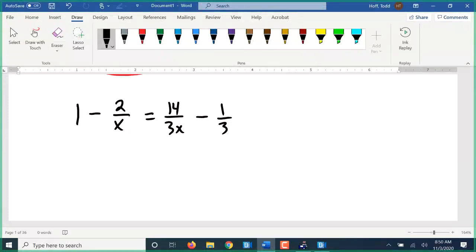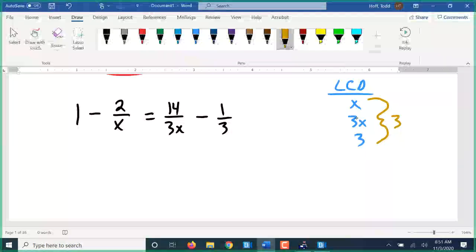So we're trying to find those least common denominators. We have denominators of x, 3x, and 3. For the numbers, we've got 1, 3, and 3. That's just going to be a 3. For the variable, we just take the highest power used of the variable, which is just x. So 3x is going to be our least common denominator.